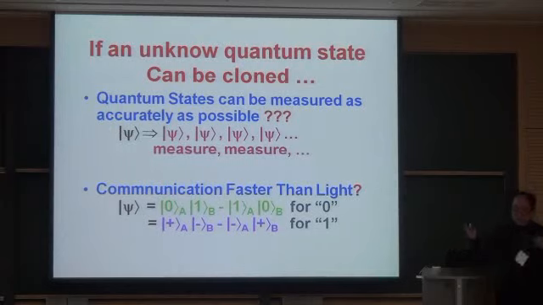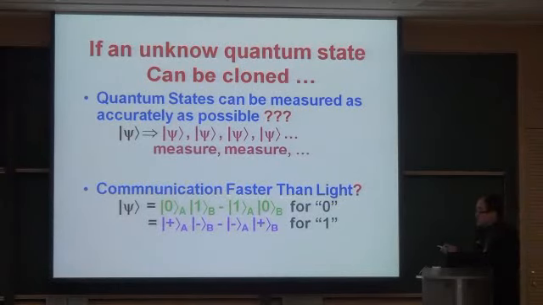That is against the uncertainty principle. And also, if you can copy quantum information, then you can really do communication faster than light. That is against the special theory of relativity. So this has a big, deep connection between quantum mechanics and the special theory of relativity.